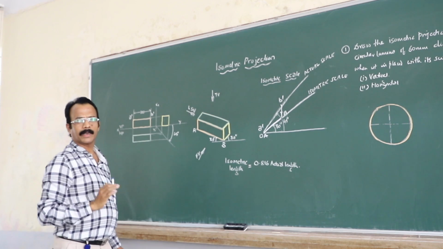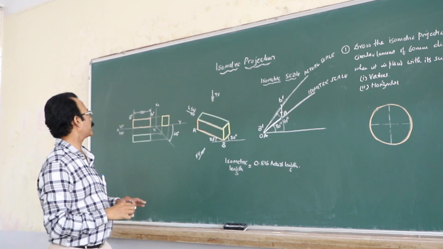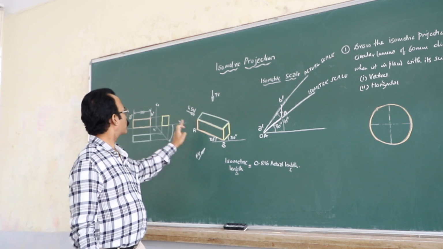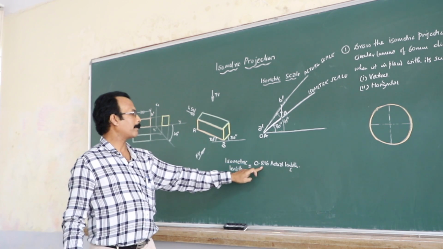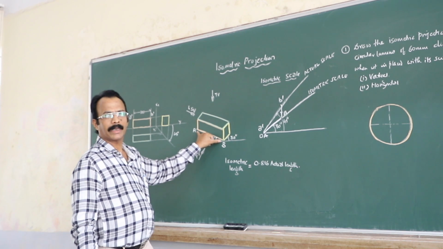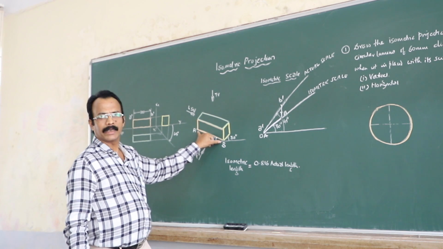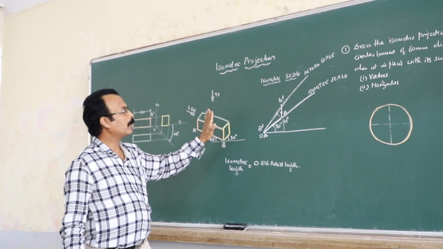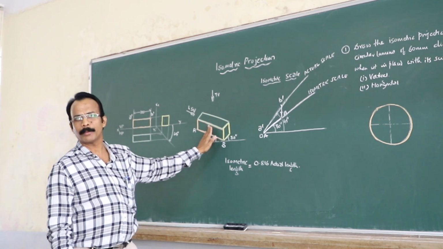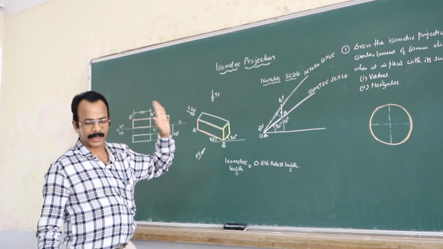So this is the basic way of converting the actual length into isometric length. So 100 mm is multiplied by 0.816 times, so it will be around 81.6 mm that will be drawn here. So for every problem we have to use this isometric scale and then draw the isometric projection there, right?